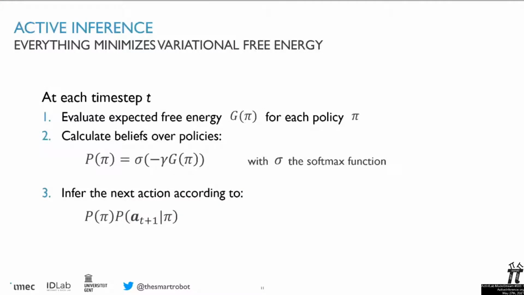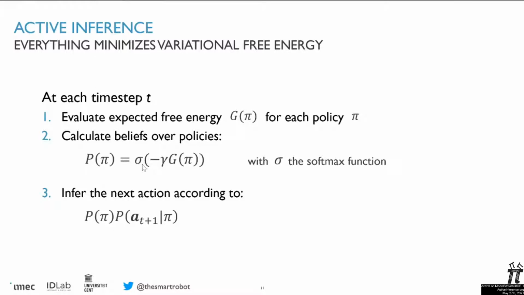And so that brings us to the whole active inference scheme. At each time step, you evaluate your expected free energy for each of your policies. And you then assume that you will choose the policy that minimizes your expected free energy.